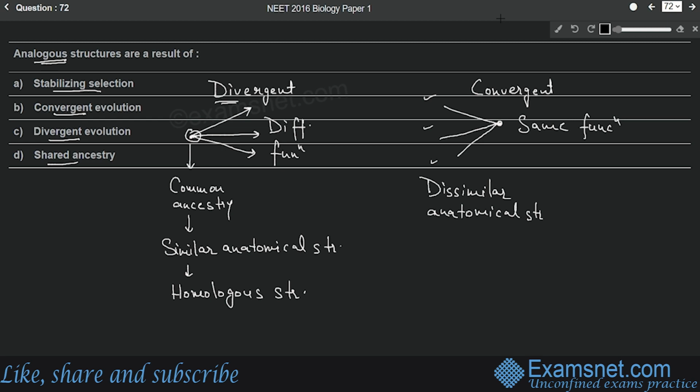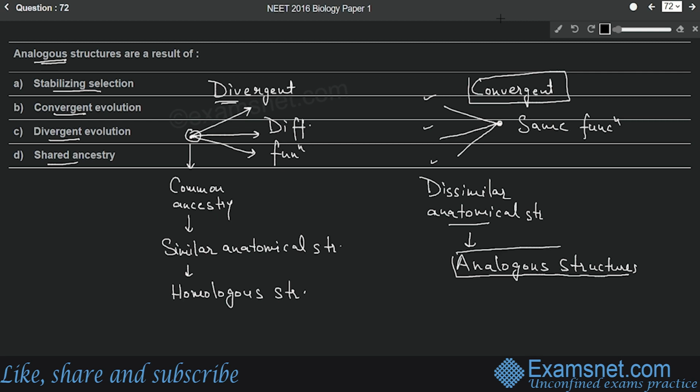Okay, so in case of convergent evolution, these dissimilar anatomical structures are known as analogous structures. These structures perform the same functions despite coming from different ancestry or despite being very different in their structures. Okay, so the correct answer will be convergent for analogous structures. Analogous structures are a result of convergent evolution.